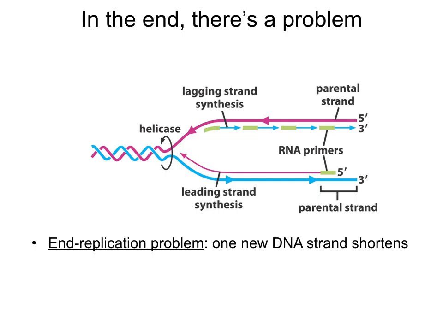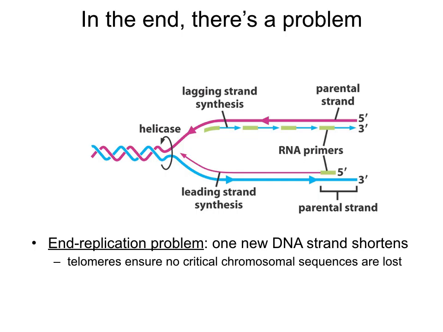Now, as DNA synthesis proceeds, we'll actually lose that bit of template the next time DNA replication occurs, because this bottom strand template will eventually lead to the formation of a new daughter chromosome, but that 5' end will be a little bit short.